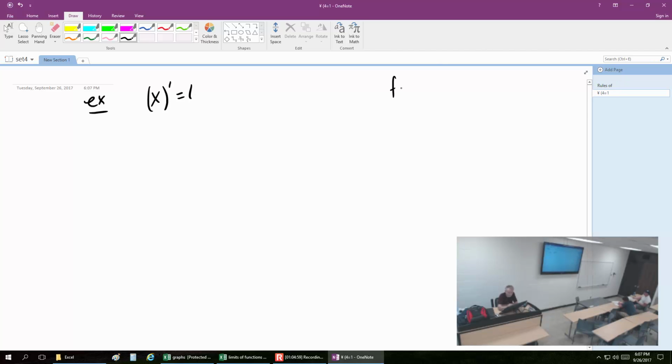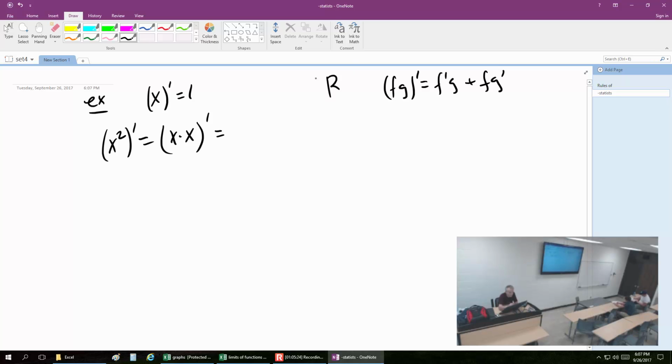Let me write it out. The derivative of fg is f prime g plus f g prime. I just multiply x by itself as many times as I like to find the derivative of all power functions. So x squared, we already know the answer, but let's do it anyway. It is x times x. Let's apply the product rule.